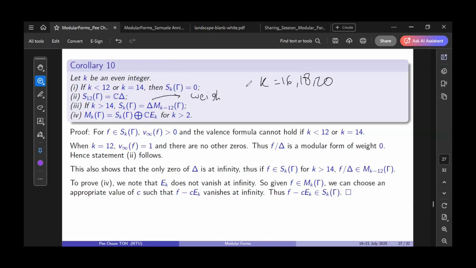So this is the corollary for the weight that is bigger than 14, we have this property.